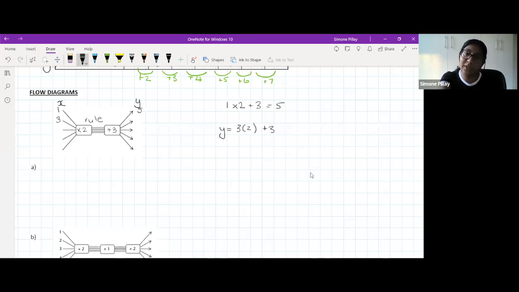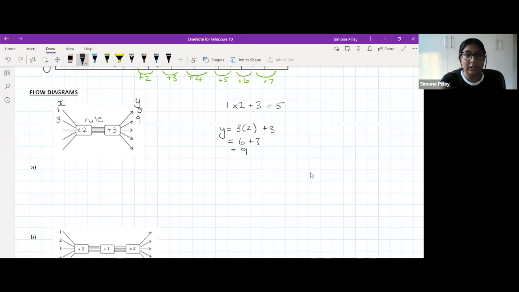I hope this format looks familiar to everybody, that you know how I set this up, and that you know the brackets mean multiplication. And let us continue. We have 3 times 2, I'm going to get 6, and 6 plus 3 is 9. So my next output value is 9. What does that mean? When my input is 3, my output for this diagram is going to be 9. Great, I see some correct answers in our chat.